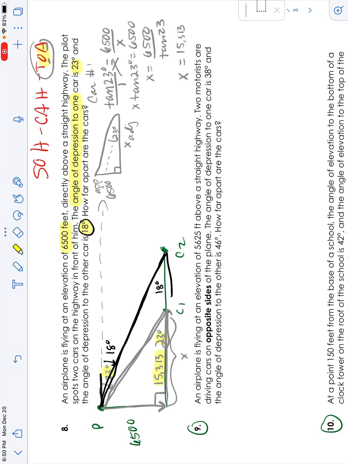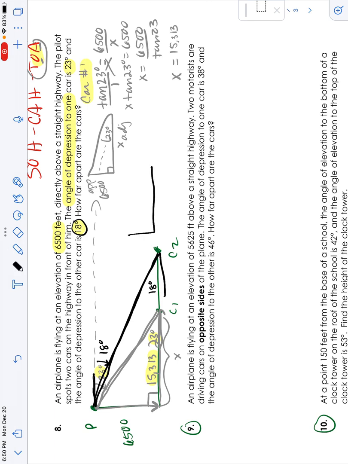So if this work was all showing car number 1, I'd have a triangle representing car number 2 that was, again, 6,500 over here because that's a shared height of that airplane. And then across the bottom, I'm going to be looking at this whole thing because I'm using this outside triangle. This is the one that I'm using for car number 2. I'm totally ignoring car number 1.